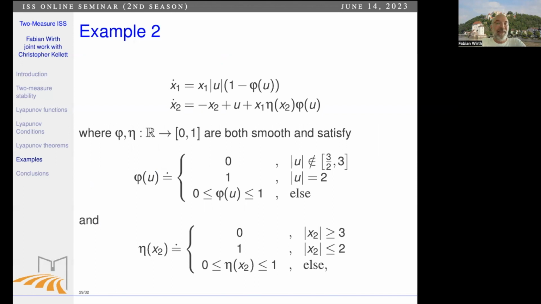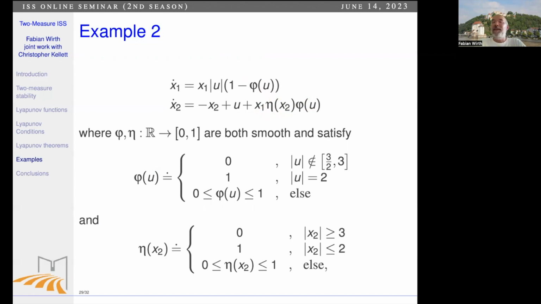And it's a bit of calculation, which I won't show here, but it's a bit tedious. But you can show several things. So the system is not integral input to state stable. And basically, this term here is responsible for that. Of course, then there also does not exist a corresponding Lyapunov function in dissipation form.